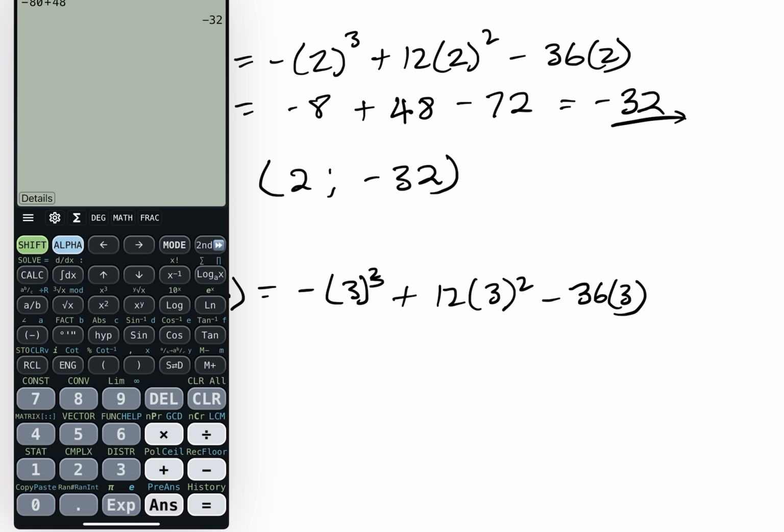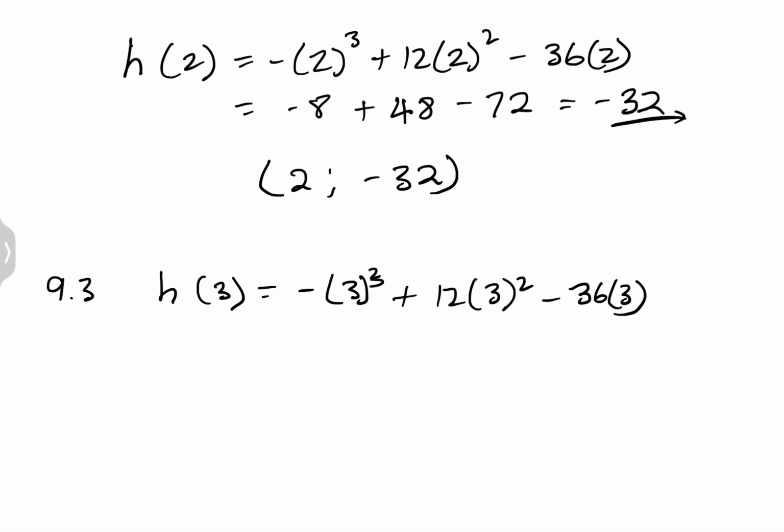Right, so let's try and get that value there. So that would be negative 27. Okay, so let's do this. Negative 27 plus 12 times 9. 3 squared is 9. Minus 36 times 3. Okay, so I get a value of negative 27. Okay, so it means that y is equal to negative 27.